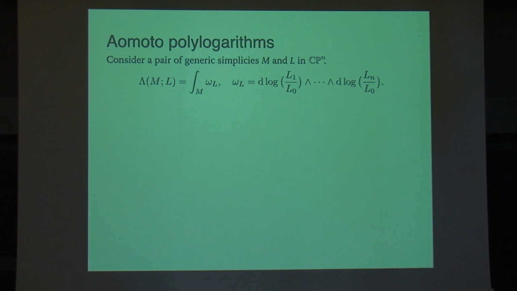We first fix some specific dimension, CPn, and then we specify two simplices, which I here call M and L. L defines the integrand, in other words, this integral omega L is some top form that has logarithmic singularities on each of the boundaries. And then M just specifies the integration region. And this pair of simplices defines the general multiple logarithms, which generalize the dilogarithm that I showed you previously.